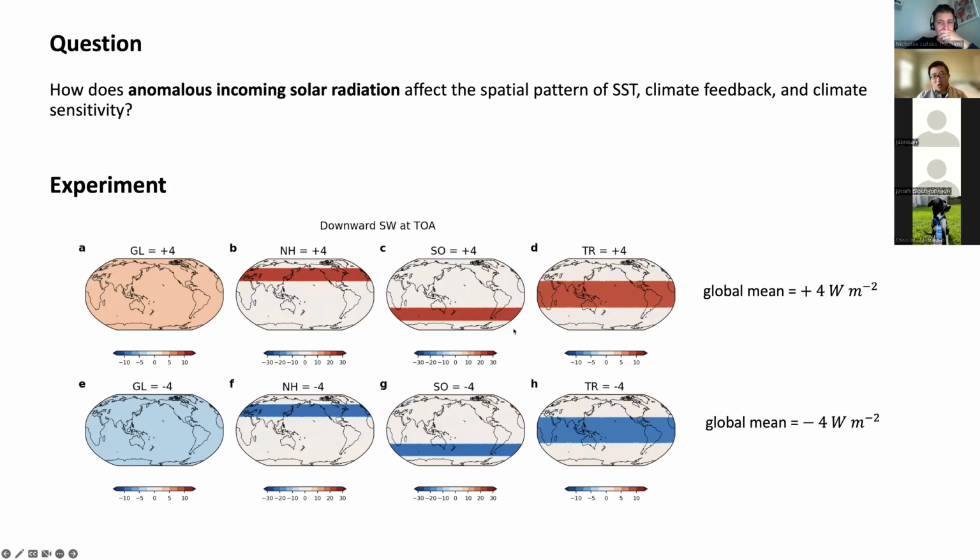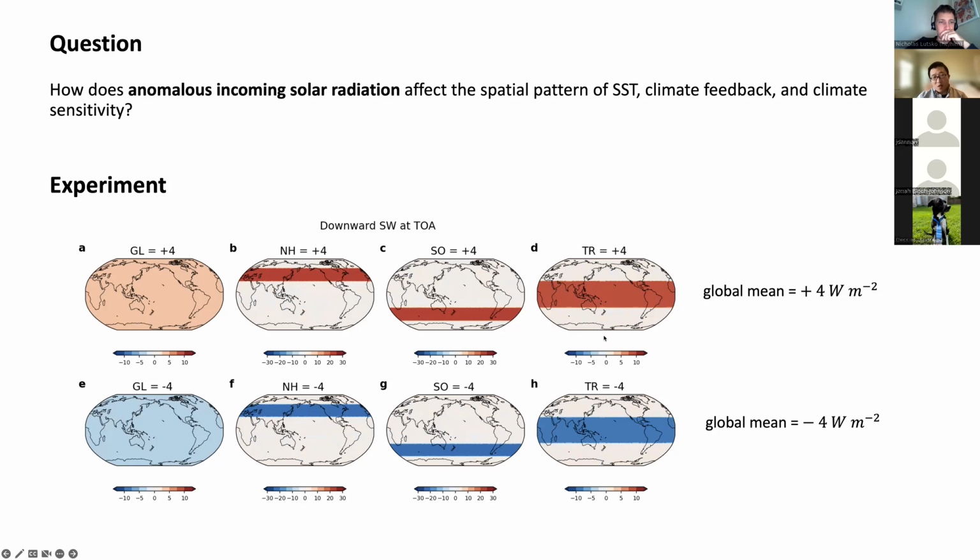Here, the top row shows the shortwave downward radiation at the top of atmosphere with positive perturbations, and the bottom row shows negative perturbations. I want to stress that even though the spatial patterns of radiative forcing vary between these experiments, the global mean value is the same.